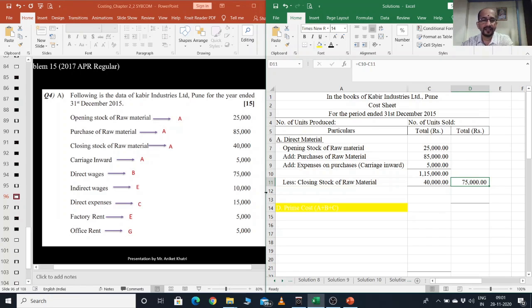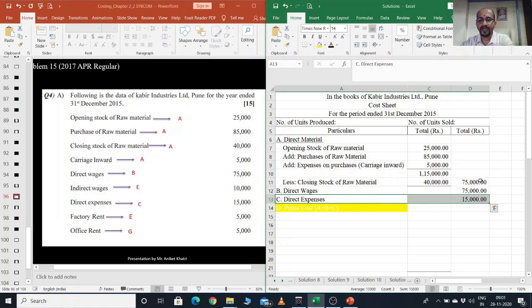Next item is direct wages, 75,000. Next item is direct expenses, 15,000. Now do the total of these three items, and this will be your prime cost.